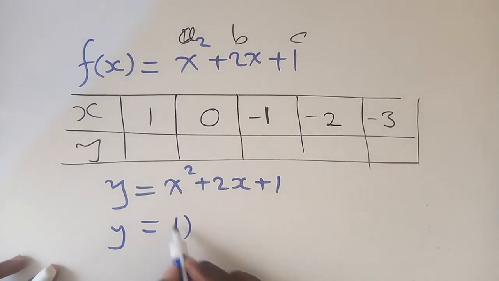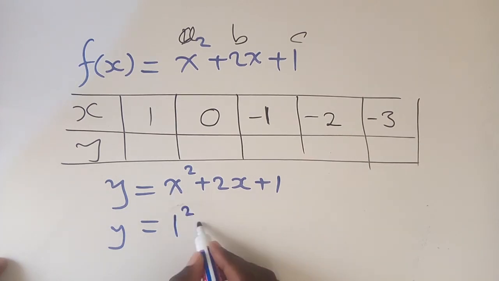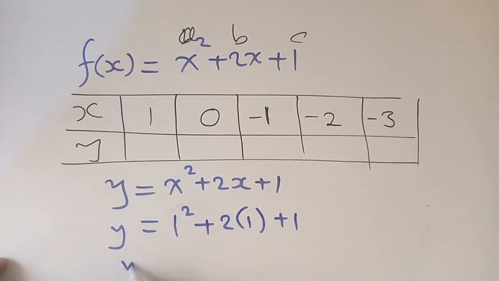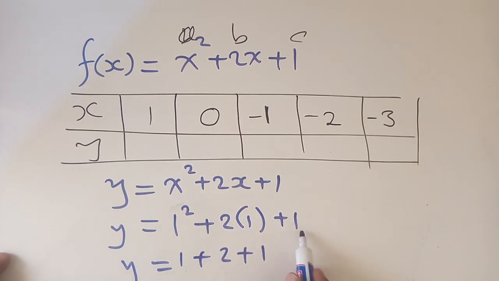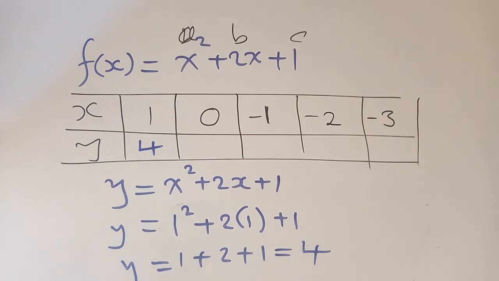We put 1 where we see x: 1 squared plus 2 multiplied by 1 plus 1. When we work it out, this is 1, this is 2, and this is 1. When we add these, the y value is equal to 4. So we put our 4 here.